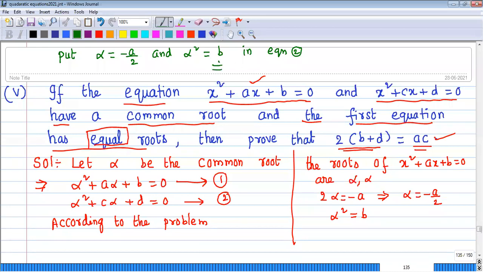So now what do you get? Alpha square is b, plus c alpha is minus ac by 2, plus d equals to 0. Now we can write b plus d is equal to ac by 2. Multiply with 2. Therefore 2 times b plus d is equal to ac. Hence it is proved.